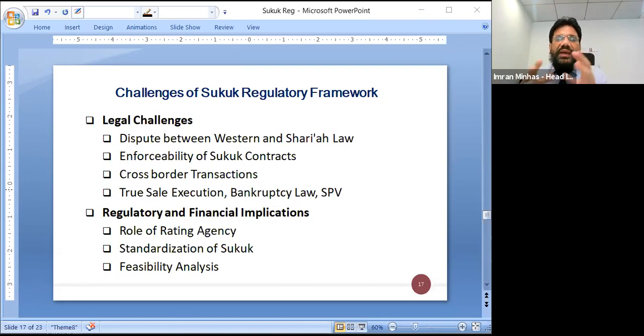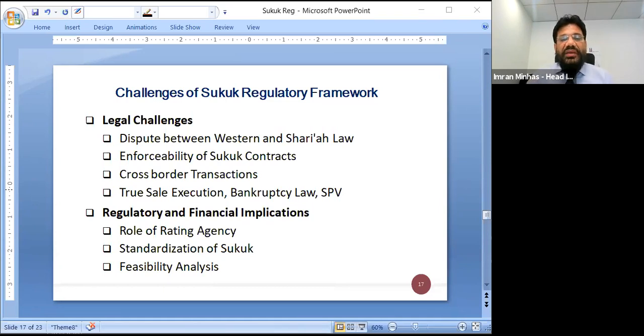The goal would be that in a case of default, the case could be resolved pursuant to standardized legal documentation. So we need to have standardized documentation and standardization of Sukuk issuance for all jurisdictions.